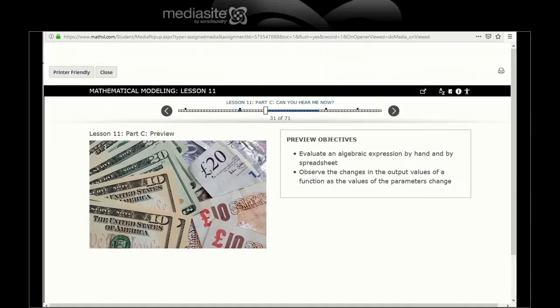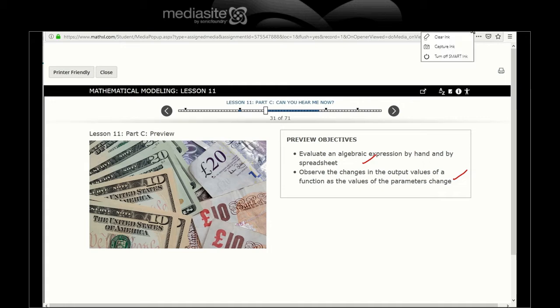And let's see, what are the goals of this one? Evaluate an algebraic expression by hand and by spreadsheet. Observe the changes in the output value of a function as the values of the parameters change. Okay, so how does y change with x or whatever else?